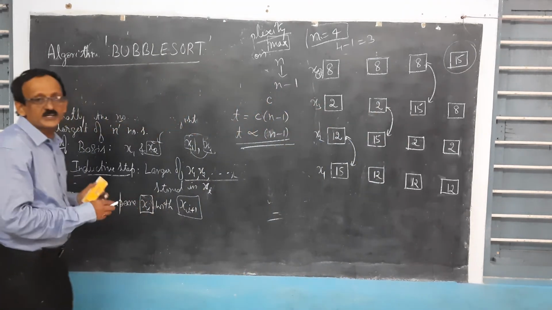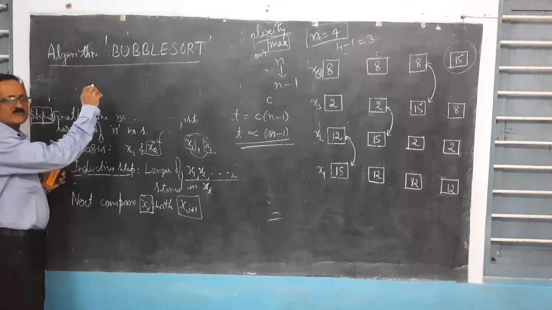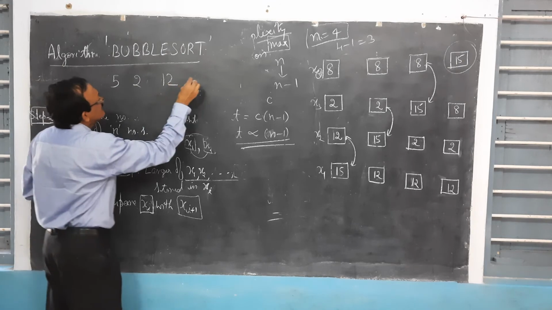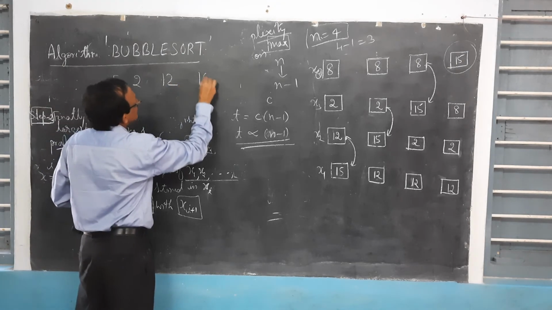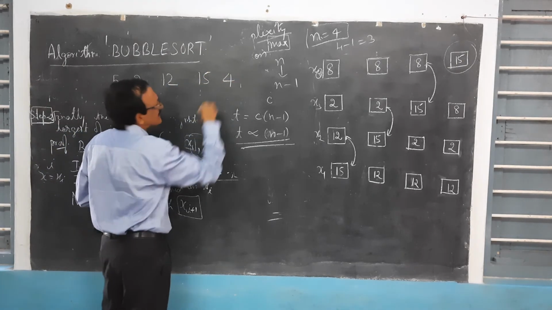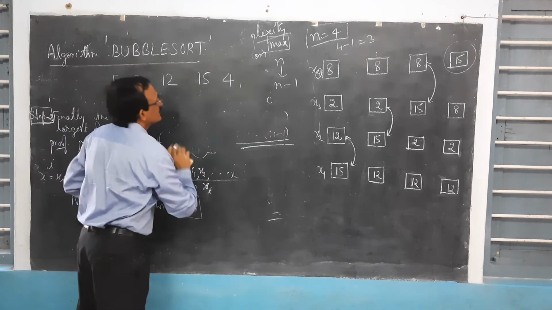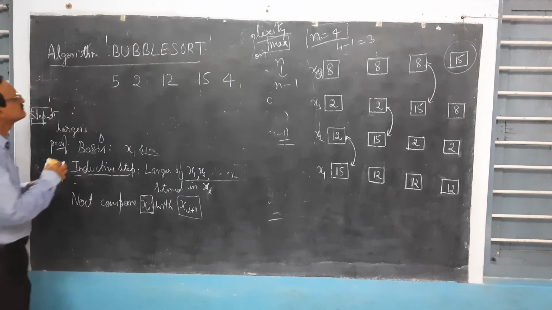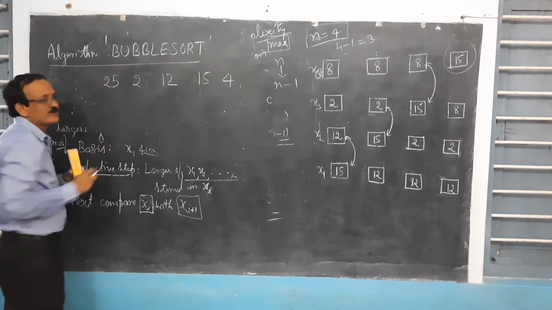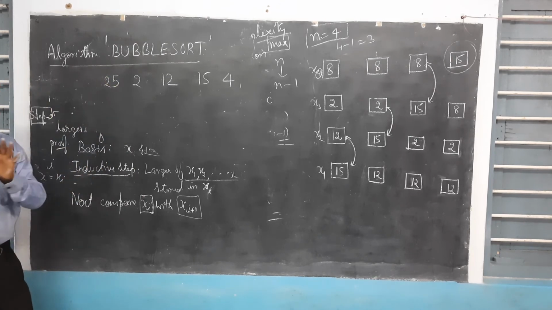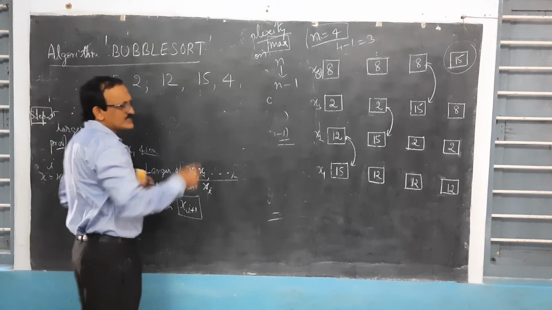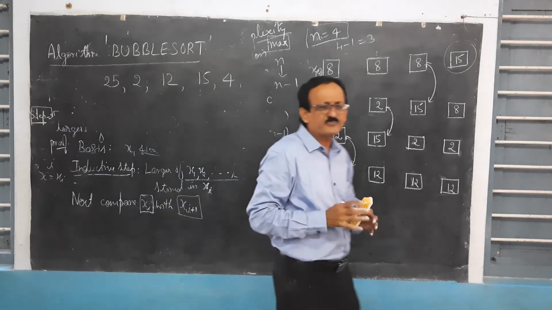For example, you are given values like 5, 2, 12, 15, then again 4, and so on, 25. This algorithm is not only finding the largest of n numbers, but also it is going to sort n numbers.